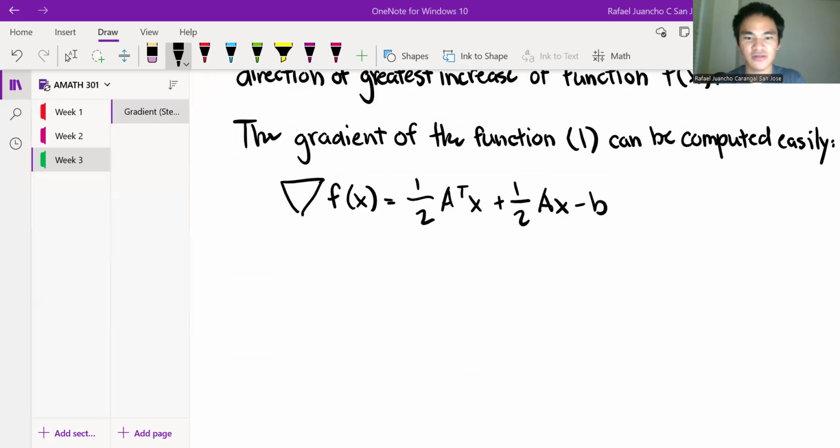Or actually, I can try to do that now. How do you do that? Oh, when A is not symmetric. So here's when A is not symmetric.